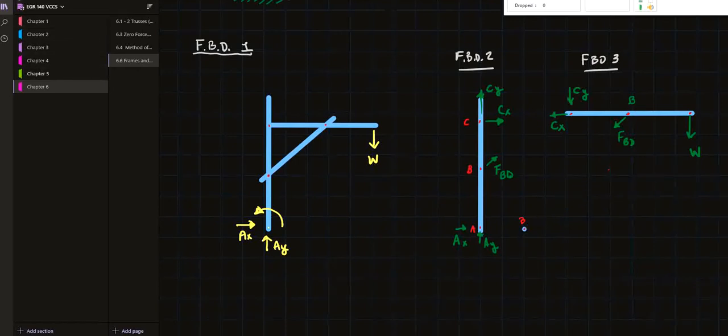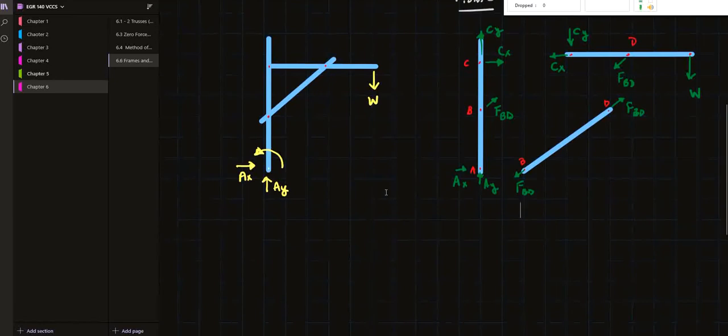Oops, didn't want to erase that. I wanted to erase this. This is D up here. And again, I have to oppose the force in the BD up here, and I have to oppose the force in the BD down here. So it's drawn as if there's tension in this member, although that's not necessarily going to turn out to be the case.